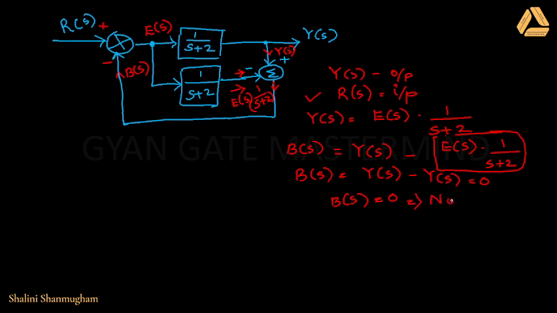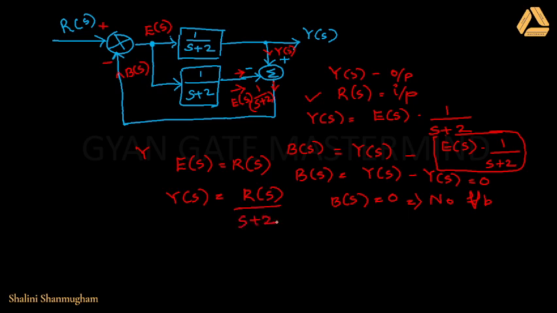So no feedback. And we know that if feedback is 0, then E of s is nothing but R of s. So hence Y of s is R of s into 1 by s plus 2.